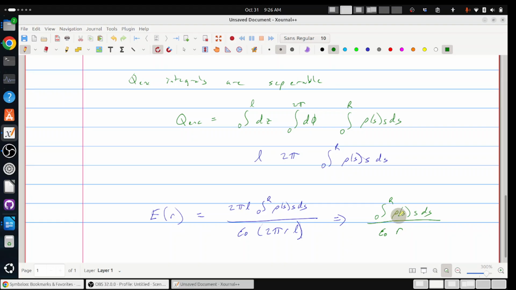I haven't specified my charge density. When I specify my charge density, then I would be able to actually do the integral, if it's a uniform density, for example, or if it's a radially varying density. And that's going to give you something up here on the top, and then I've got this epsilon naught r.